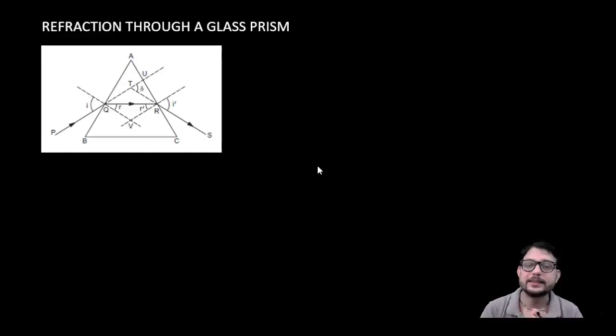Now we will discuss the complete derivation for refraction through a glass prism. Firstly, we have learned that there is an angle of incidence, represented by I, and an angle of refraction, represented by R, and these two angles are on interface AB, the first interface.